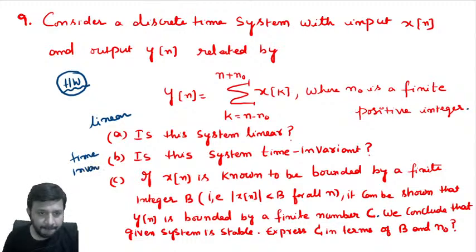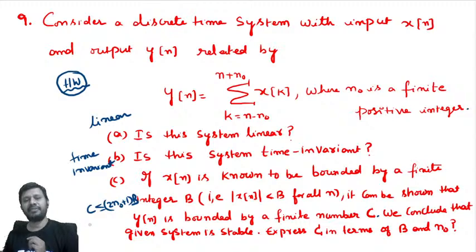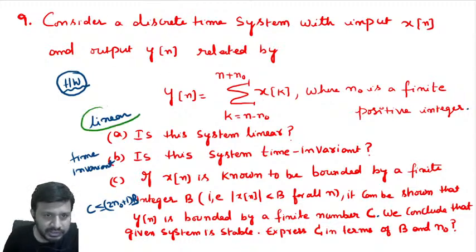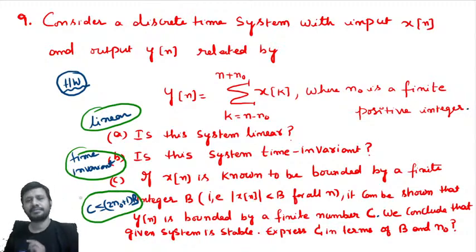You can verify c is less than or equal to 2 n naught plus 1 multiplied with b. Yes, 2 n naught plus 1 into b will come. This must be your answer. Take it as homework. Homework problem. Okay.